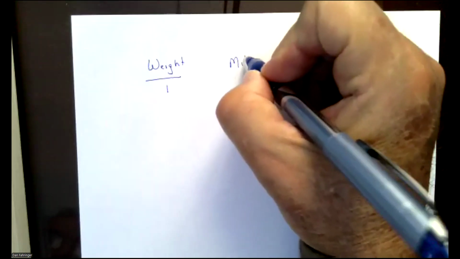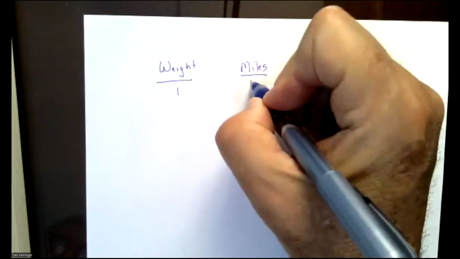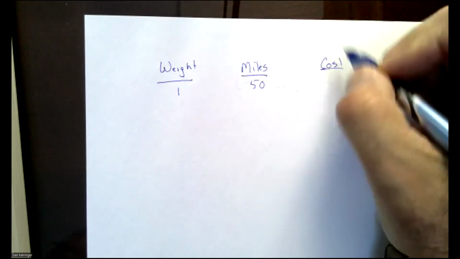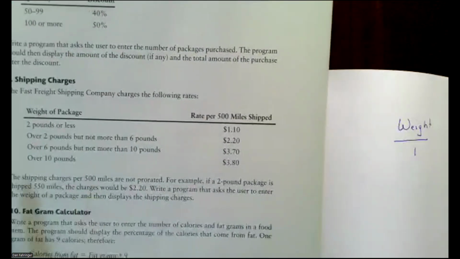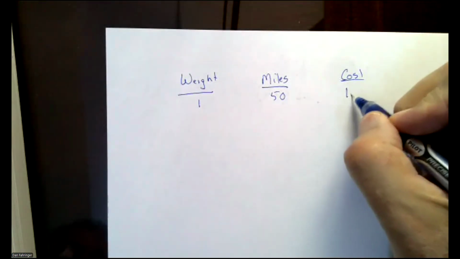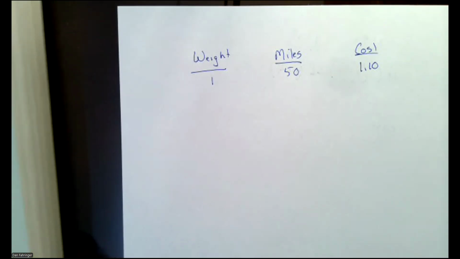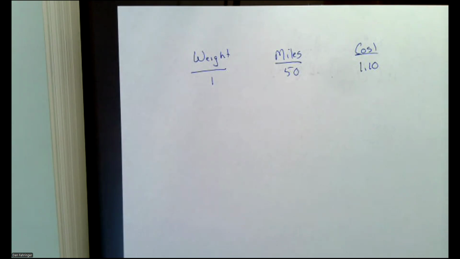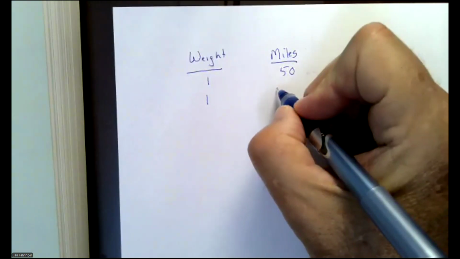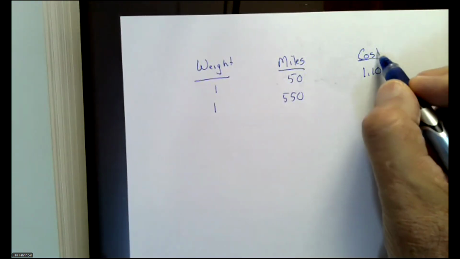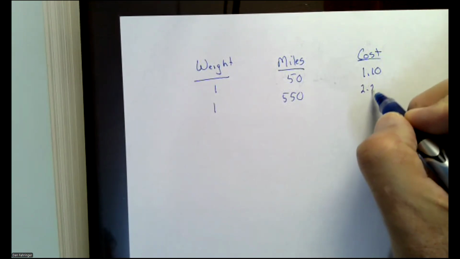So if the weight is one and the miles is 50, my cost is $1.10. Sound right? Yeah. Okay. So what if my weight was one and the miles was 550? What would the cost be? Two something. Yeah, more than 2.20.